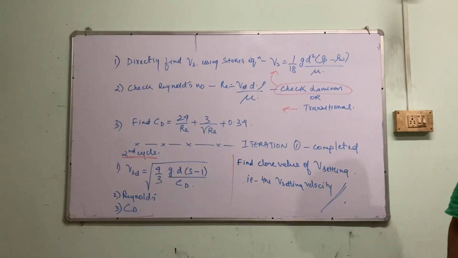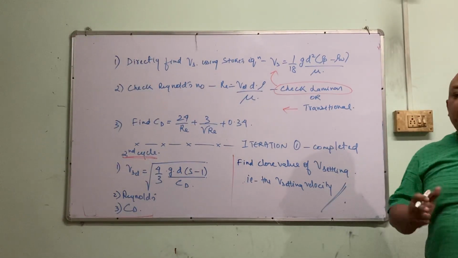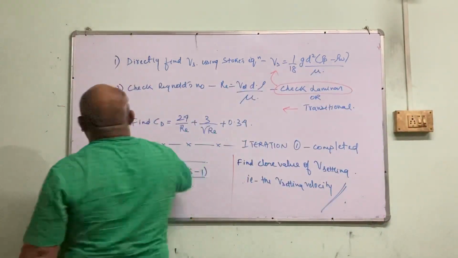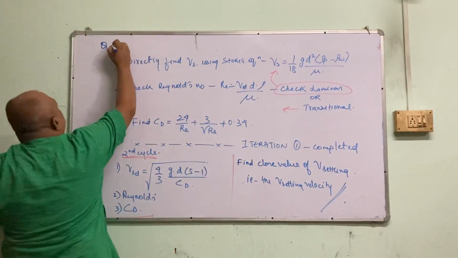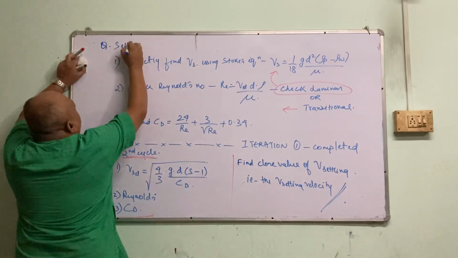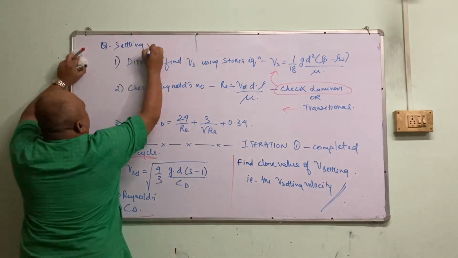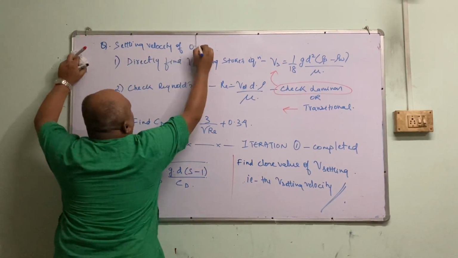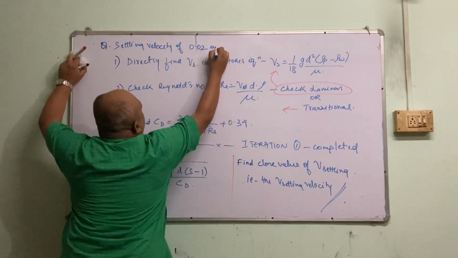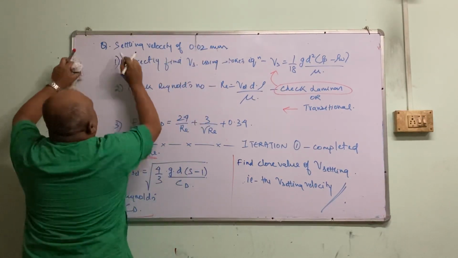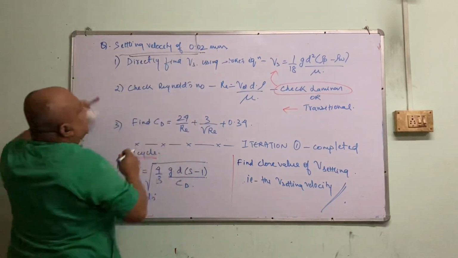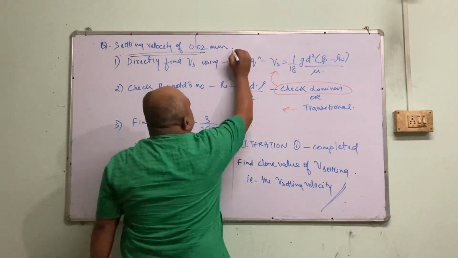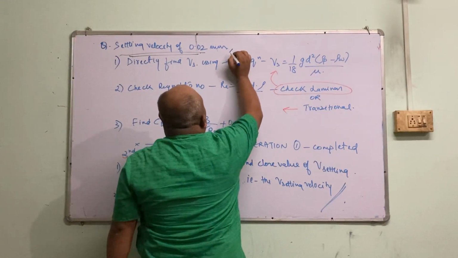So I'm closing this video, and now through WhatsApp I'll be sending you a question: find the settling velocity of 0.02 mm particles. You do this question and submit it. Write on a piece of paper, submit through WhatsApp. Find the settling velocity of these particles.